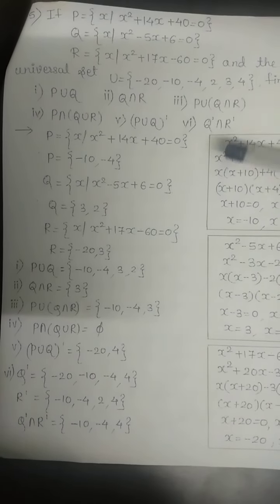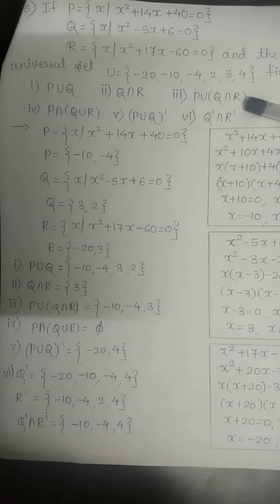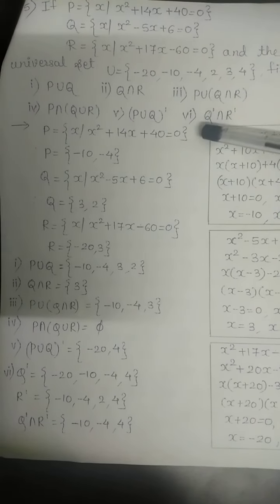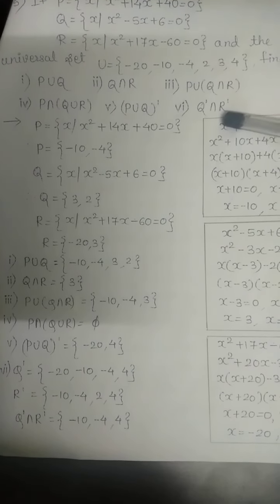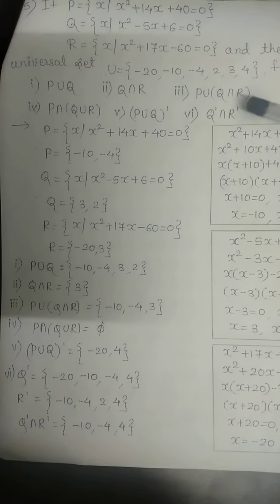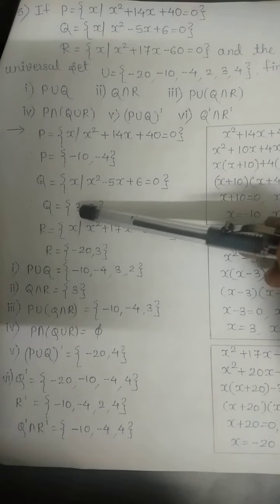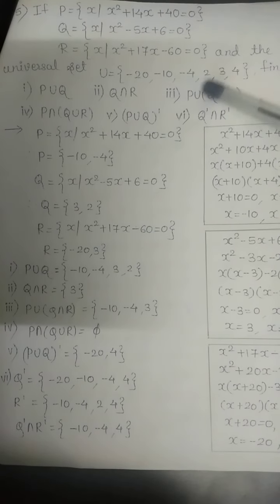Now next we require Q dash intersection R dash. So first we will find Q complement, then R complement, and then take the intersection of these two. Q complement is equal to removing all the elements of Q from the universal set.